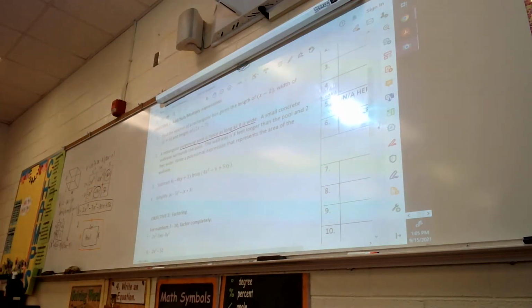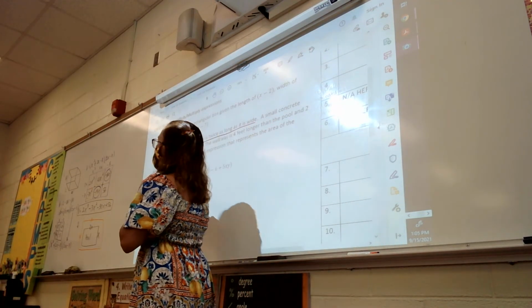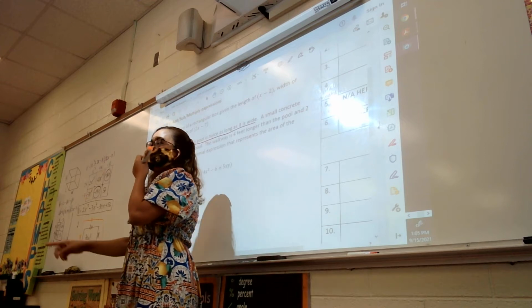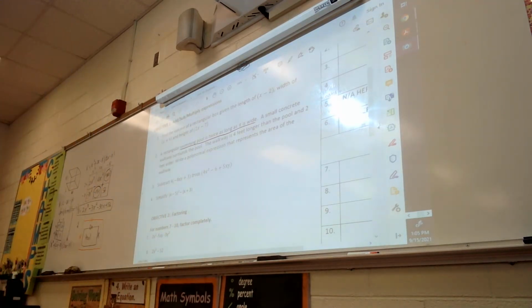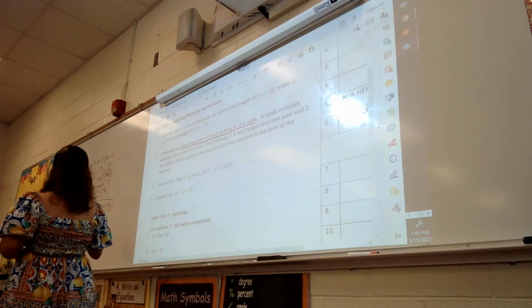So how would I represent the width? It's 2 feet wider, then it would be x plus 2. Perfect, that is correct.